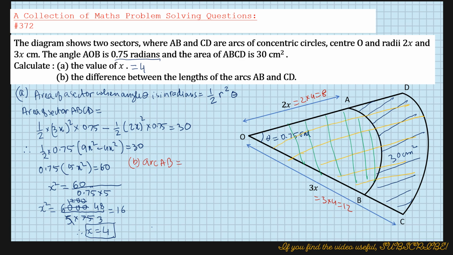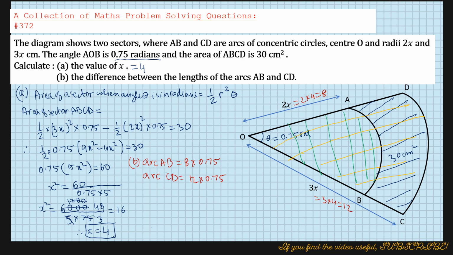So arc AB would be 8 times 0.75, and arc CD would be 12 times 0.75.